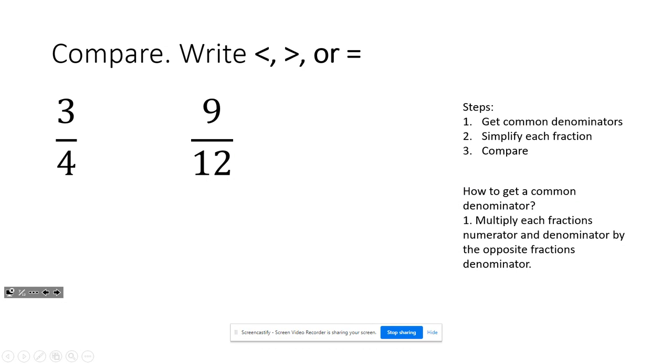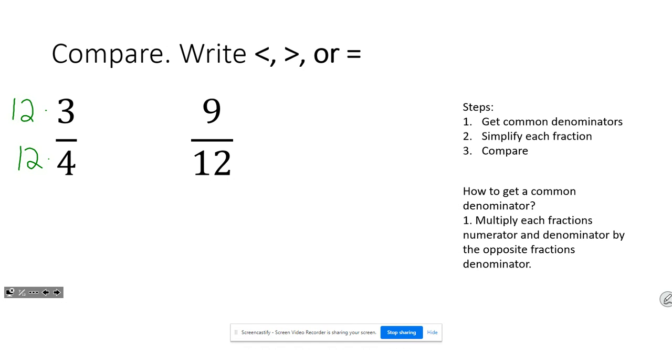3/4 and 9/12. Remember, we got to get common denominators. We do that by multiplying each fraction by the opposite fraction's denominator. So 3/4 will get multiplied by 12.